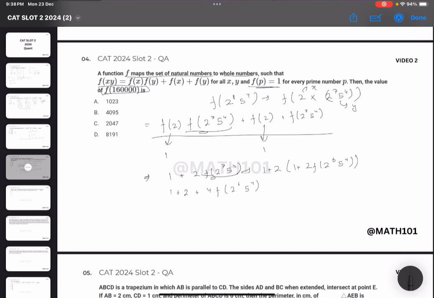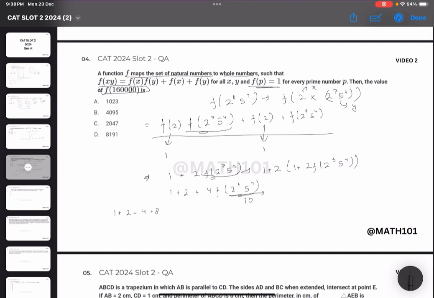So this will open again. So we will get 1 plus 2 plus 4 plus 8. So as there are 10 primes remaining, this recursion will unfold 10 more times.